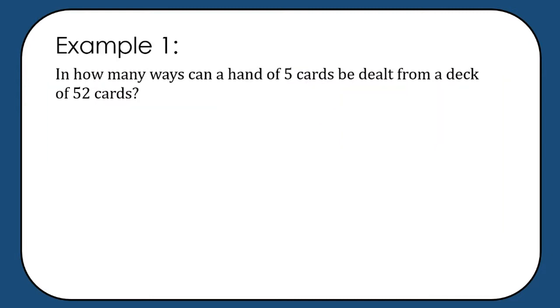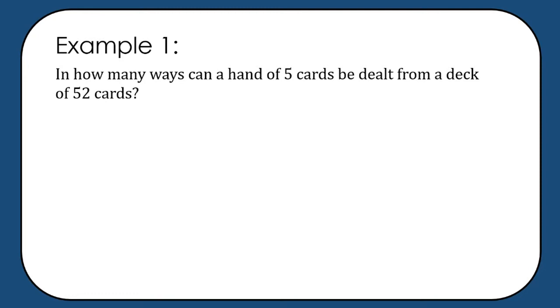All right, let's have a look at some examples. In how many ways can a hand of 5 cards be dealt from a deck of 52 cards? The questions aren't going to be specific about this being a selection and this being an arrangement. You're going to need to draw that conclusion yourself, thinking about whether the order is important in this problem or isn't it.